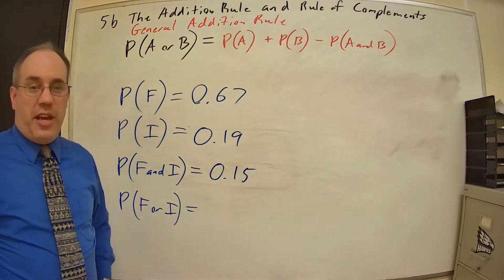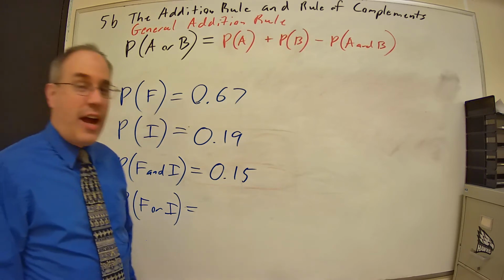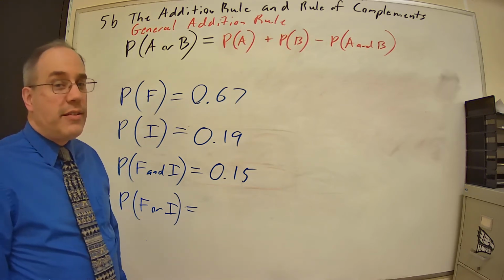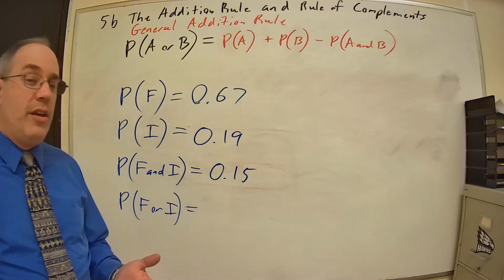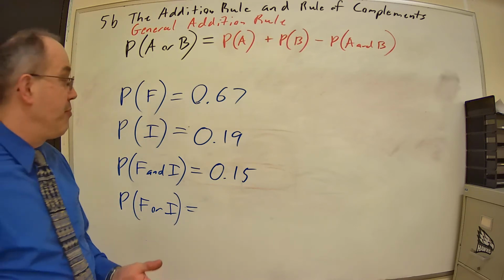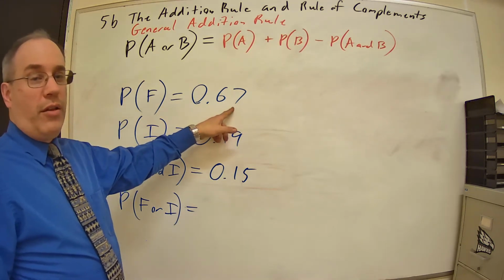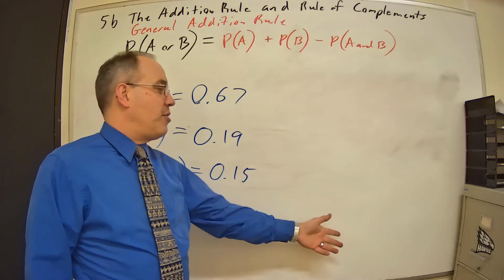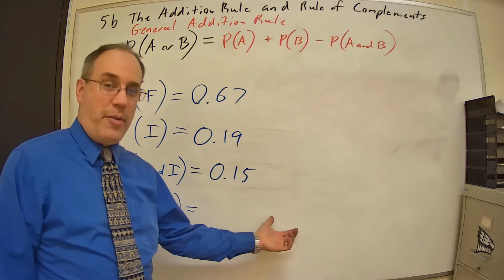Now, I could be tricky and I could kind of create one. Because if I said, hey, what if I pretend like I have 100 people and 67% of them are female, I could come out with 67 of them being female at the bottom of the table.